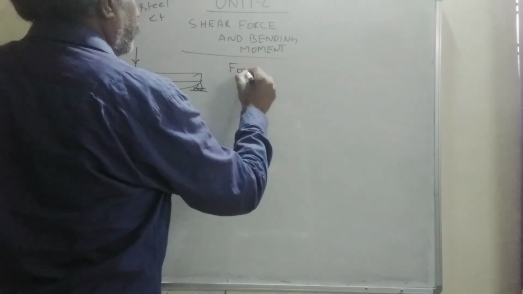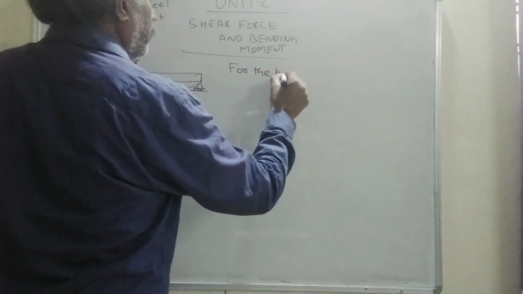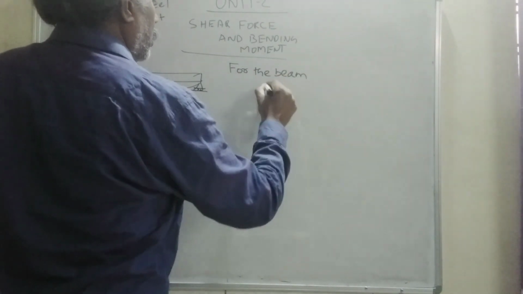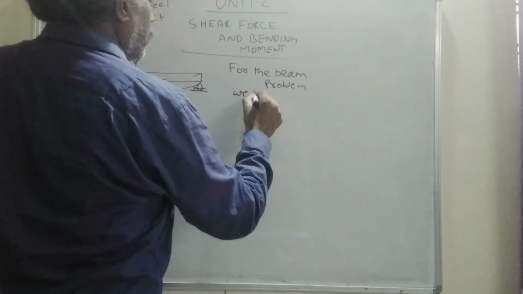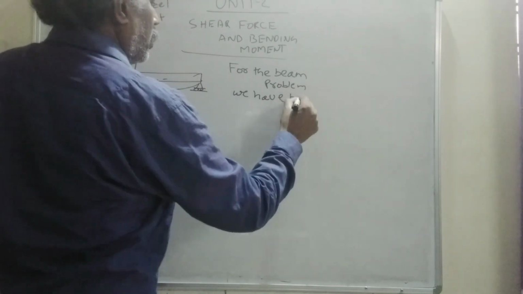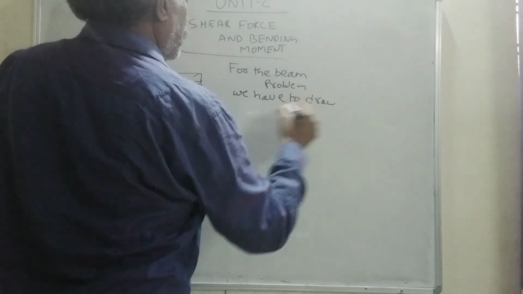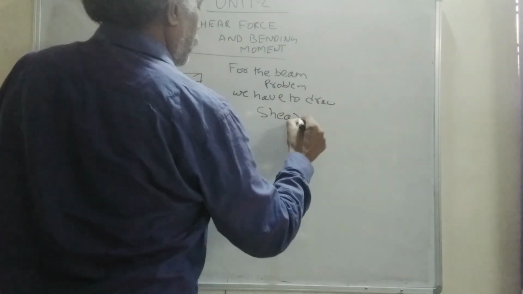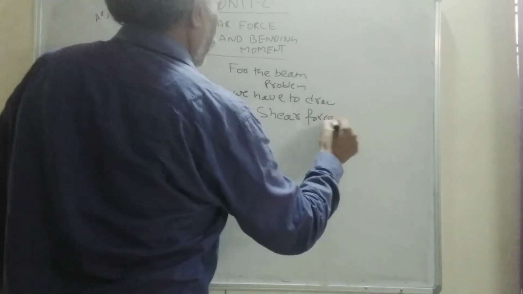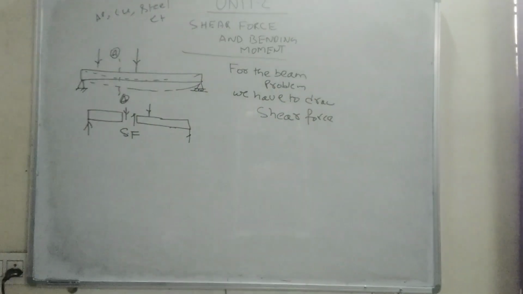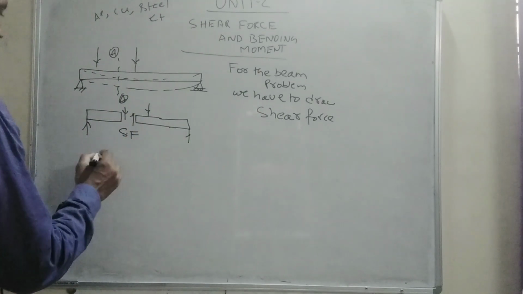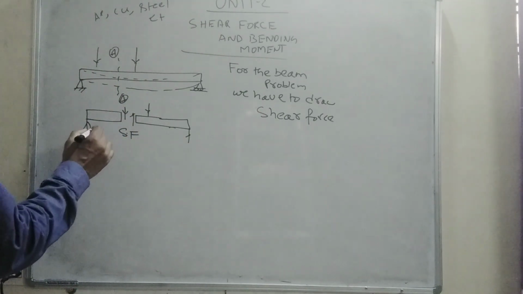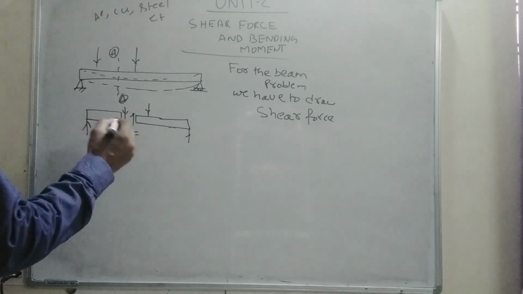Now this shear force will vary along the length of the beam. So for the beam problem, we have to draw the shear force. And next, bending moment. Now the bending moment: the force multiplied by distance is the moment.